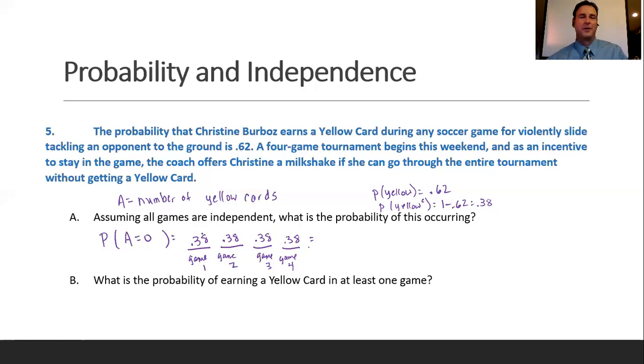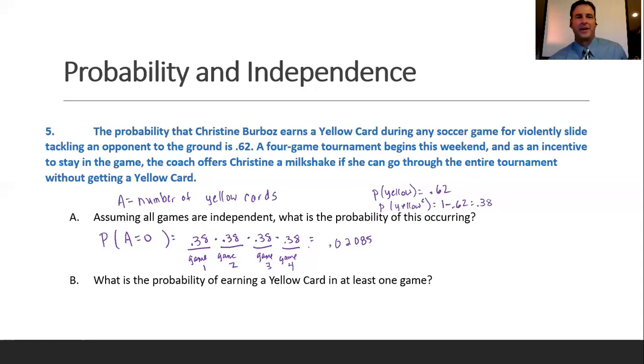We're going to multiply them together. Again, that's the probability of not getting a yellow card, meaning she has 0 yellow cards in her games. So 0.38, we're going to multiply that by itself. I think she gets 0.02085. Let me check my work one more time. Okay, and I got the same thing.